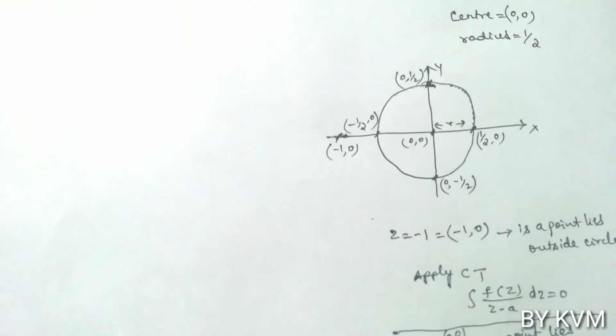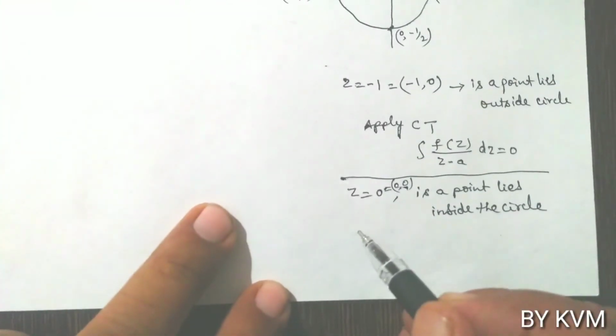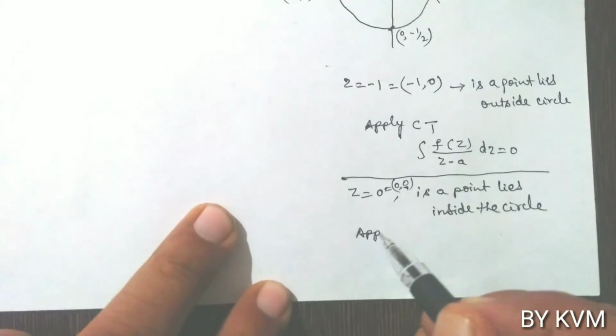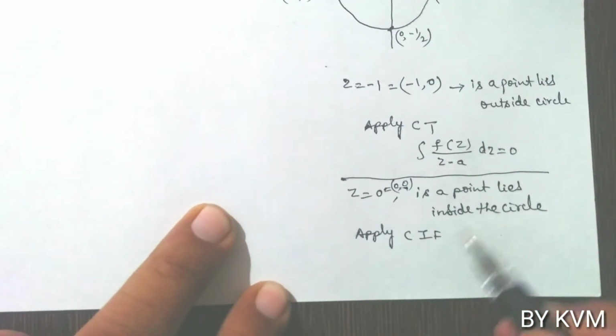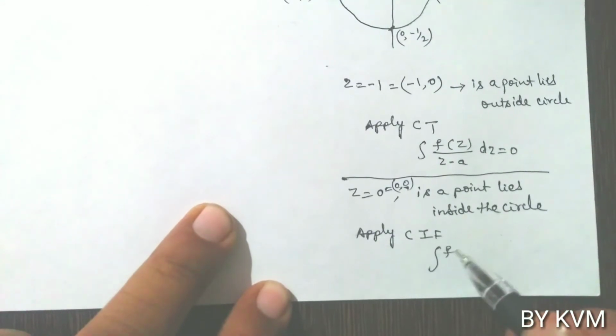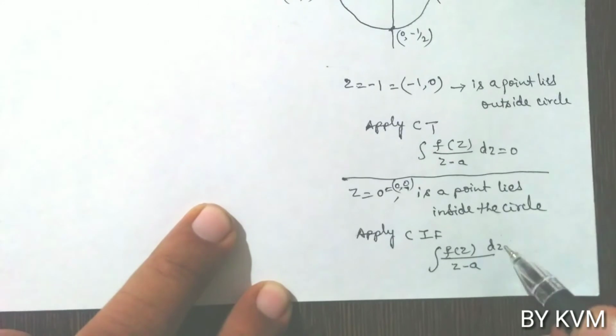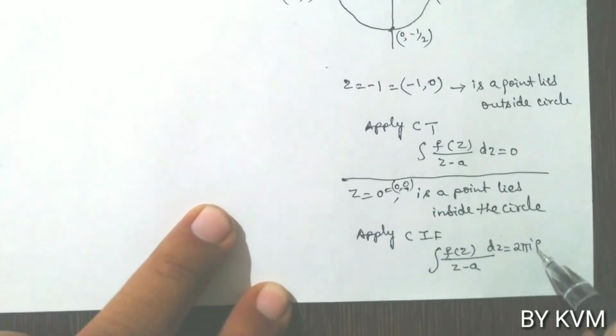So we have to apply Cauchy's integral formula. So what is Cauchy's integral formula? The integral of f of z by z minus a dz equals 2 pi i into f of a.